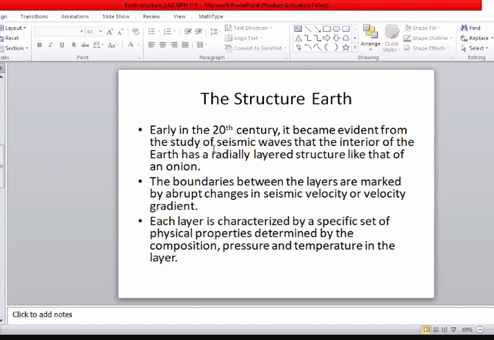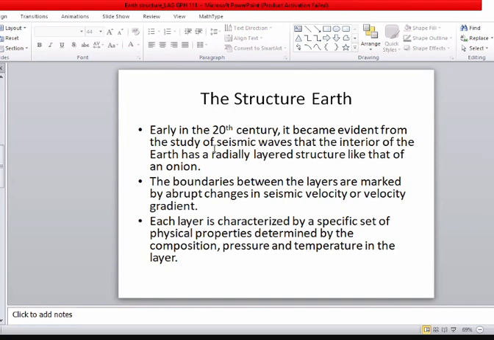So in the 20th century, it became obvious from seismic waves, when seismic waves were sent into the Earth, the waves or the signals sent into the Earth result in shaking of the Earth.